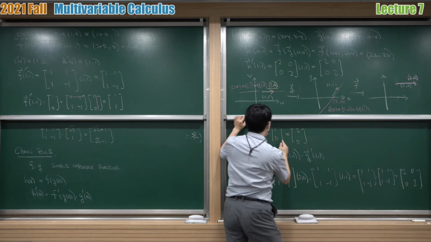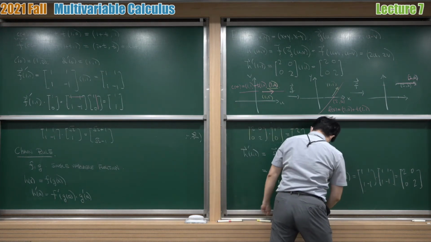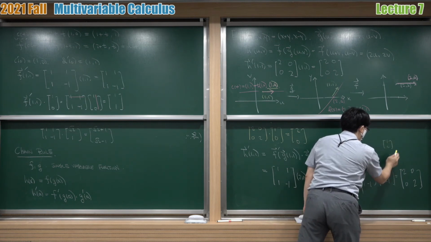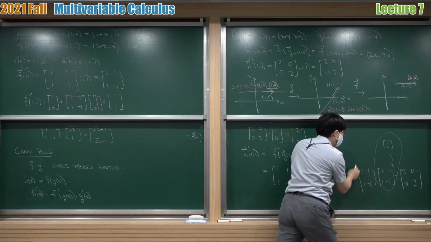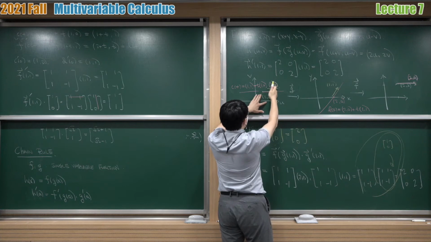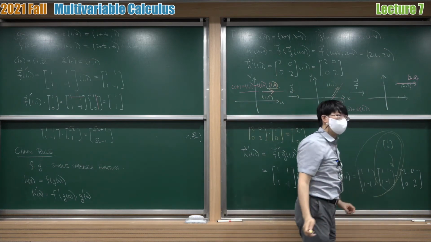So when you multiply the 1, 0 vector by a matrix on the right, you're taking these matrix multiplications. That's translating the 1, 0 to 1, 1 and then translating to 2, 0.